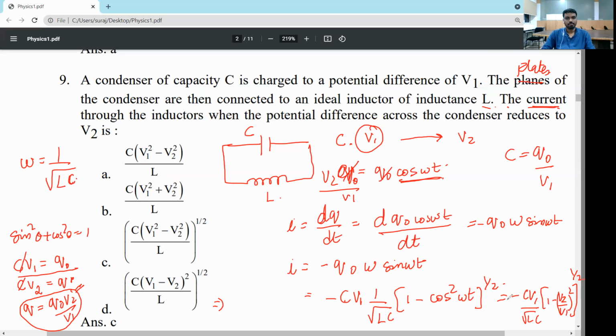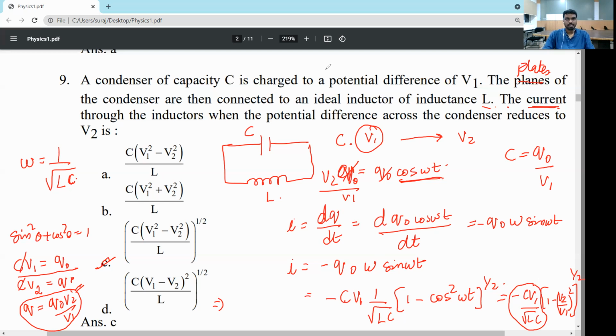Further if you solve, you will get option C. You just need to multiply, square it and bring it inside the root. L will be there, C V1 square will be cancelled out.